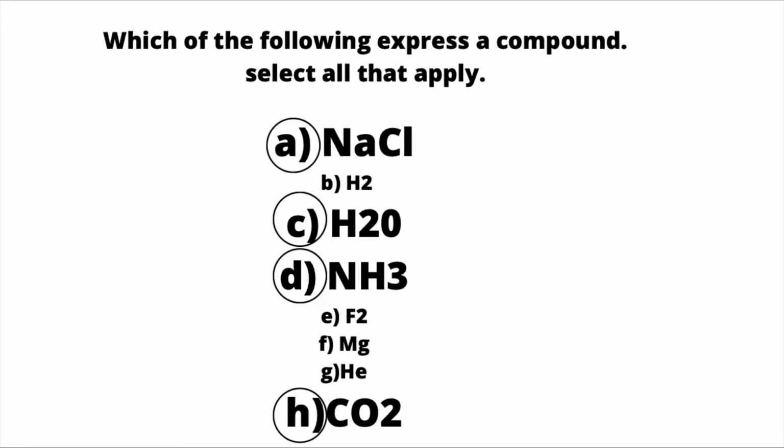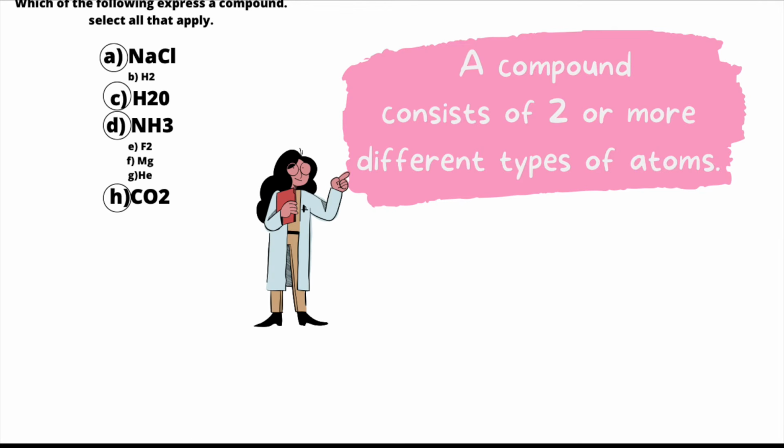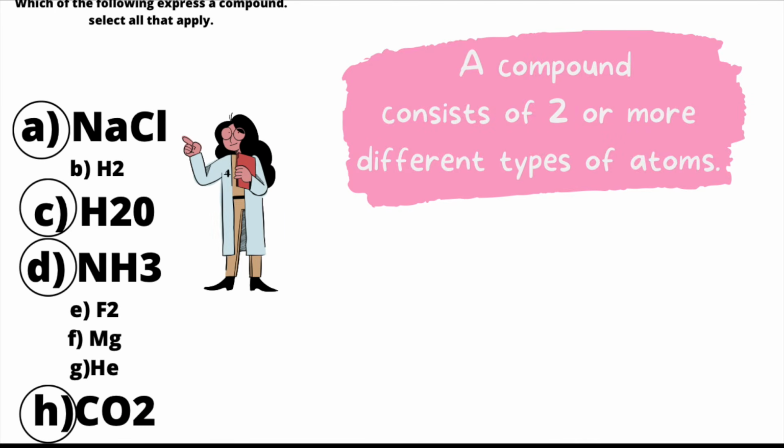So let's go through each of these answers one by one. And remember, a compound consists of two or more different types of atoms. Emphasis on different types of atoms. So NaCl: Na, sodium, is one type of atom. Chlorine, Cl, is another type of atom.